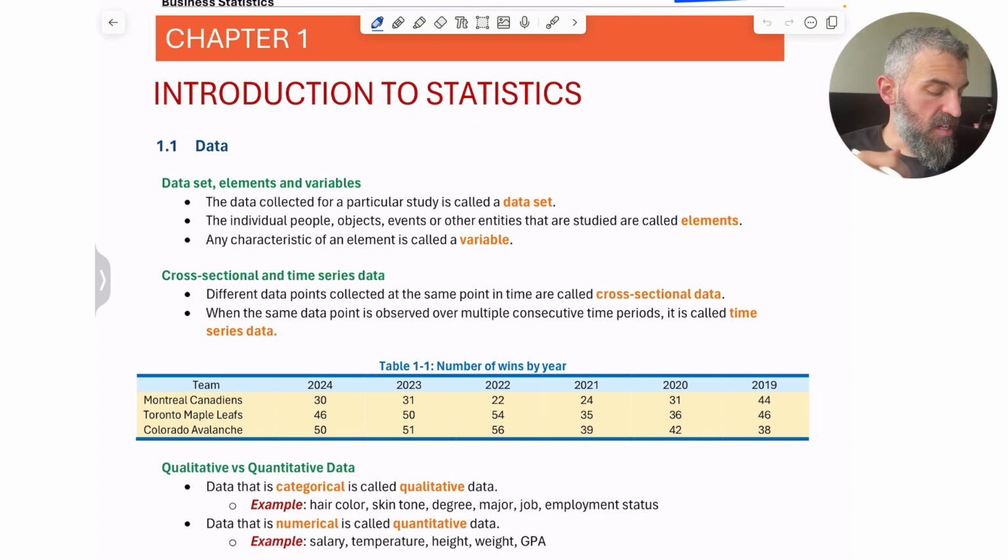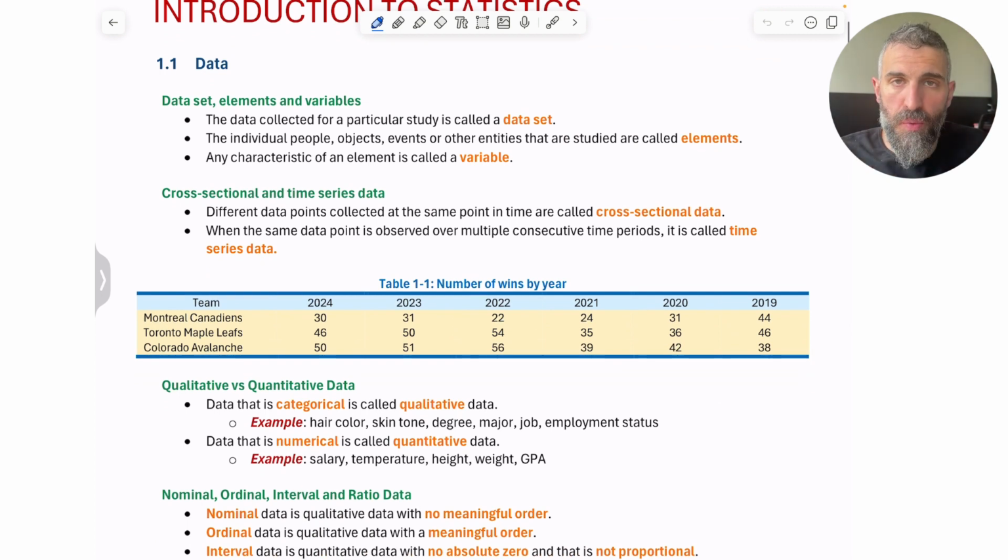So if you're looking at this table, it shows you the number of wins by these three hockey teams over the last 6 years. Now, if I looked at all three teams, but in the year 2024, that would be cross-sectional data because I'm looking at different subjects, but at the same point in time so that I can compare how they did. Versus time series.